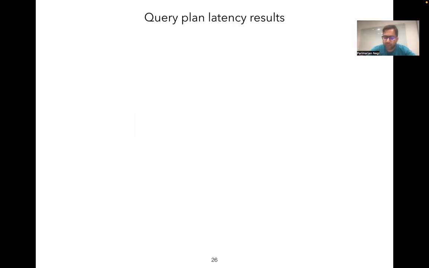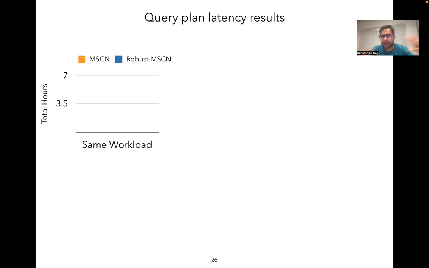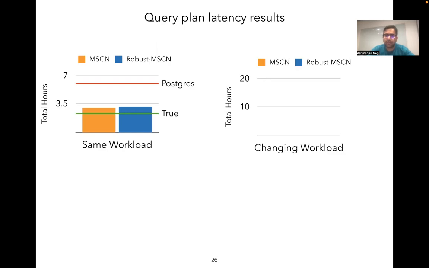Now we'll explore some of our main results. A summary figure shows that when we train on the same workloads, both the models do well. There's no data drift, there's no query drift, and they both do much better than Postgres too, which is critical. But as we change just the workload, for example, the MSCN model is less robust.